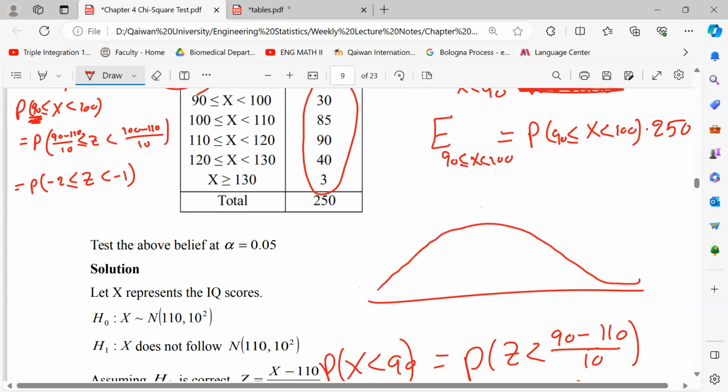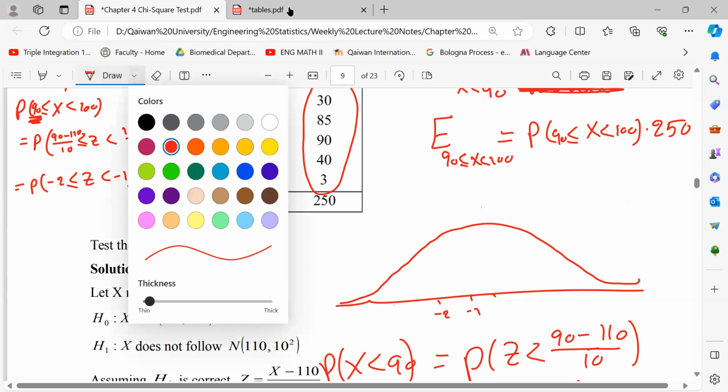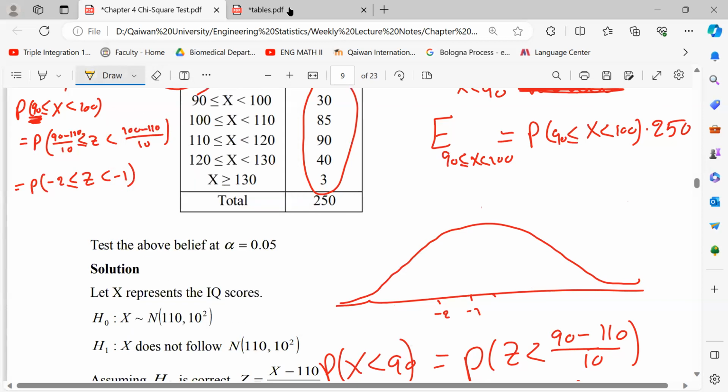This is the normal distribution. Let's say this is 0. We have -1 and -2. We need to find the probability of this area. How to find it?